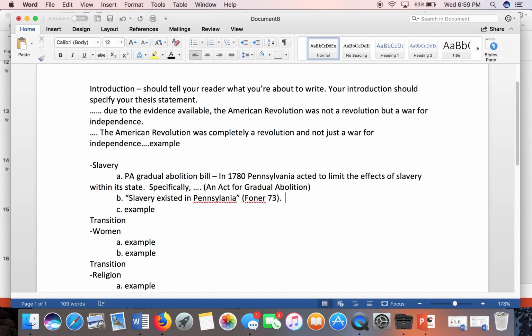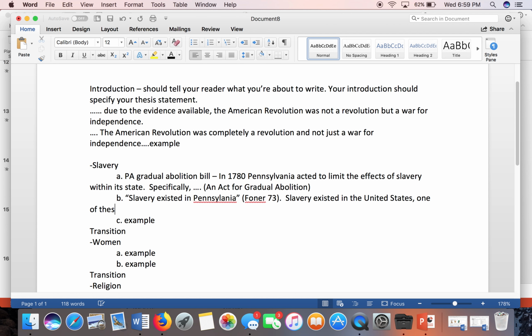So you could say something like, slavery existed in the United States. One of the states that had slavery was Pennsylvania. Here, I'm not directly quoting Foner.